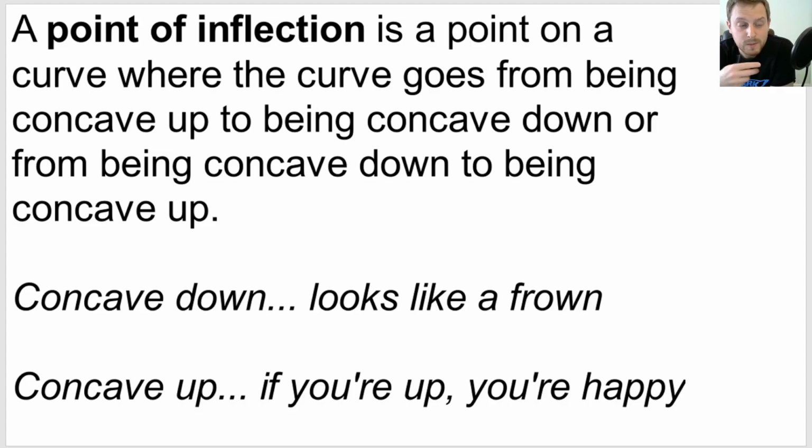It depends on what the graph is. Maybe there are loads. We'll see some examples. But wherever there's a change, where it all of a sudden goes from being concave down to being concave up, or concave up to being concave down, that point would be called a point of inflection.